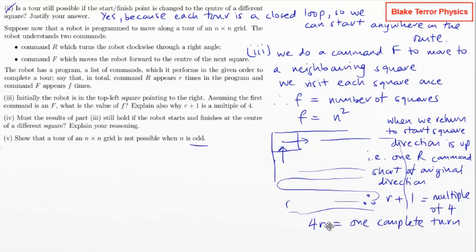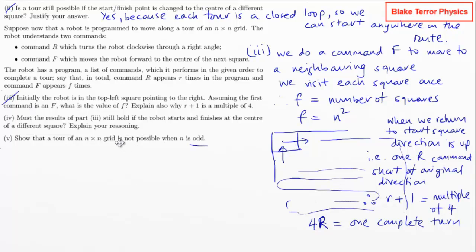Oh no, actually that should be not 4 little r, 4 big R. So if we keep completing turns, then we must have been going through multiples of 4. We do 1 extra R, we get back where we want to be pointing. Right, okay, that was fine as well.